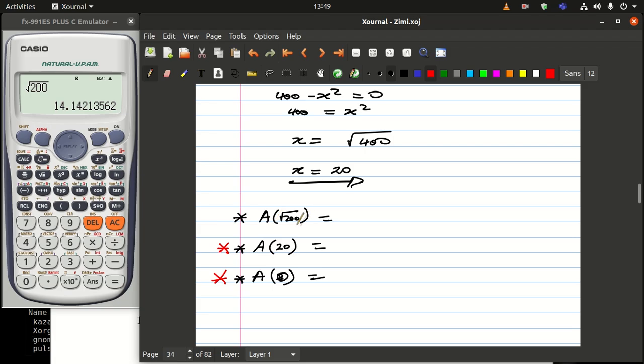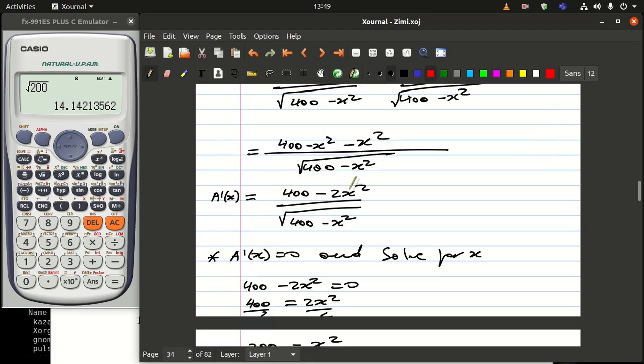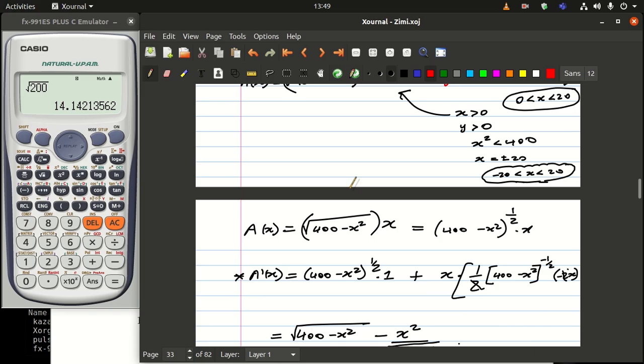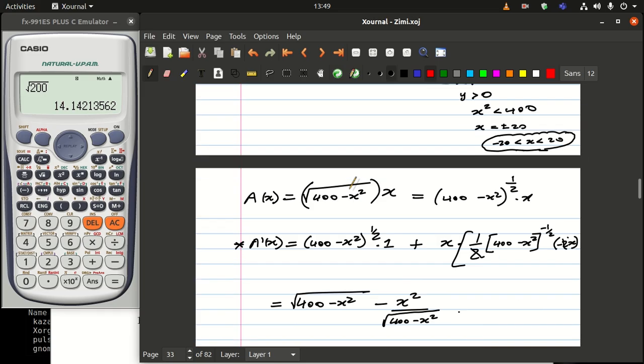And yeah, so what was the original function here? What was our area?